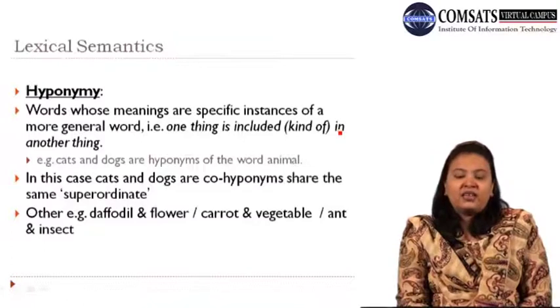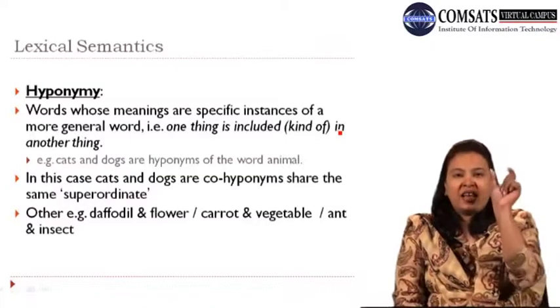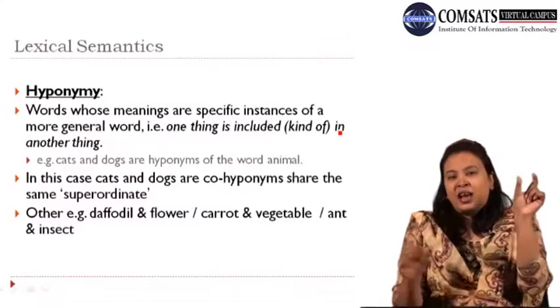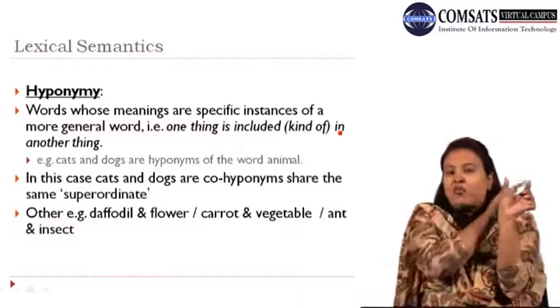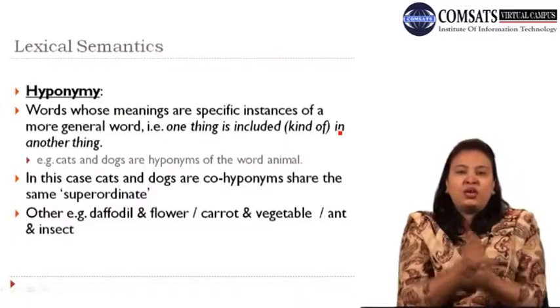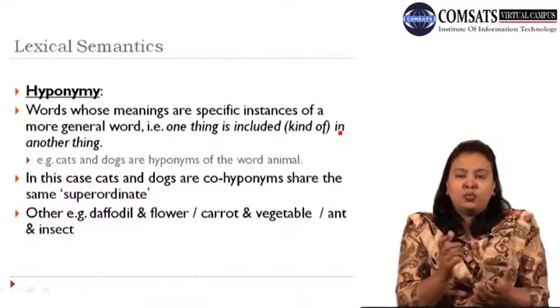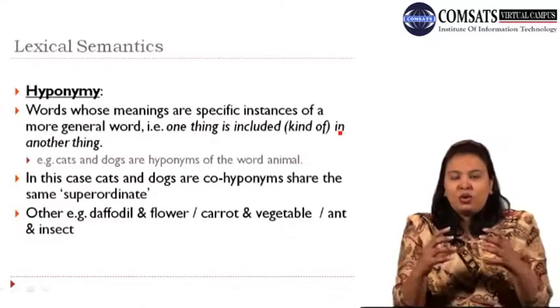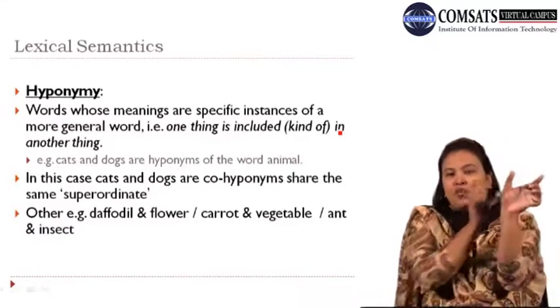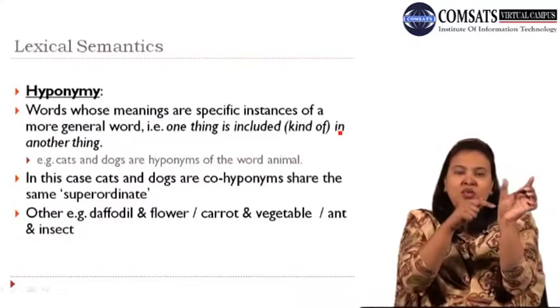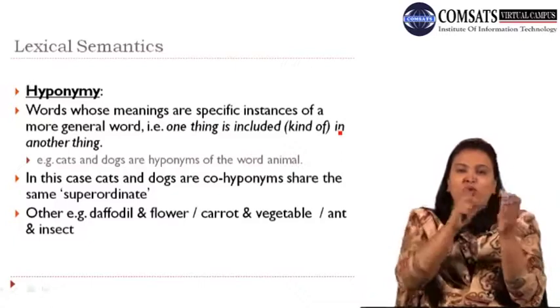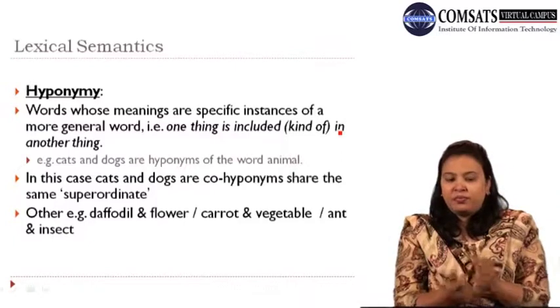If I say cats and dogs are hyponyms of the word animal, the basic category is animal, and inside that, cats and dogs are hyponyms because they belong to the class of animals. If I say daffodils, rose, tuberoses, they all belong to one category, that is flower. So flower is the class, and these words belong to one class, so they are hyponyms to each other.